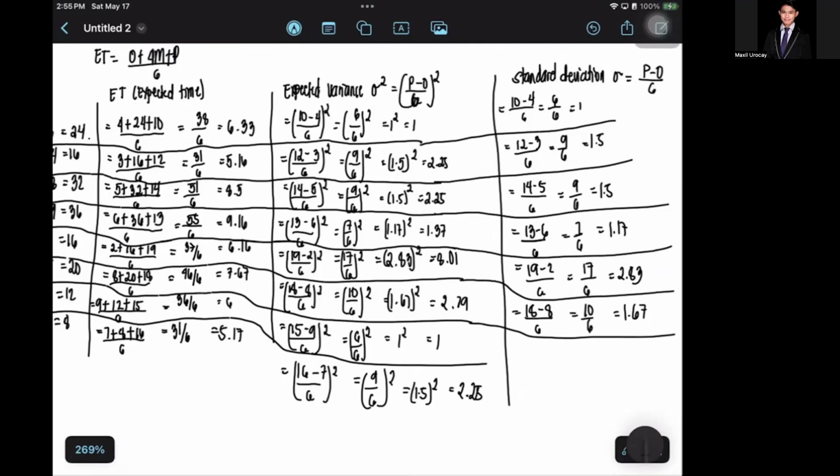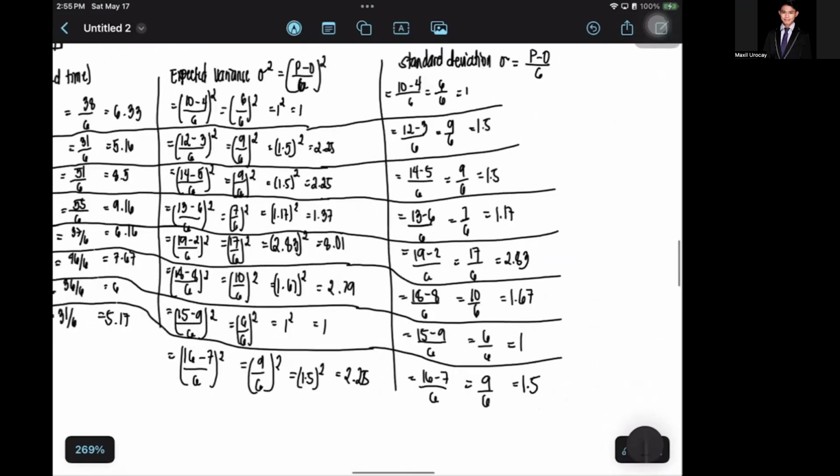Here then 15 minus 9 over 6 is 6 over 6, equals 1. And 16 minus 7 over 6 equals 9 over 6, equals 1.5. So these will be the calculations that you will deal with here.